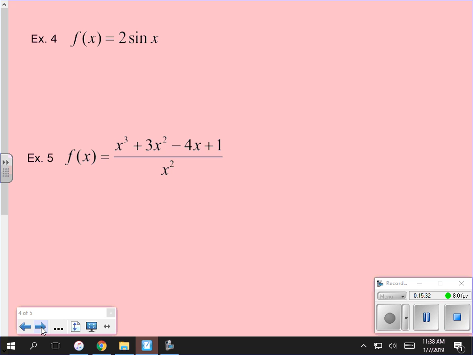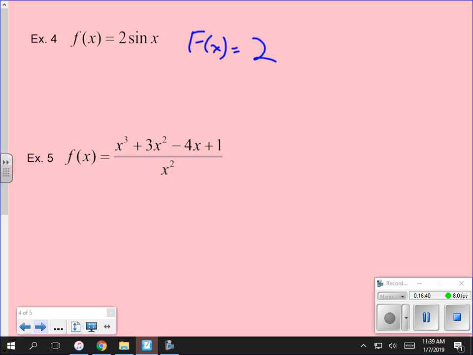F of x equals 2 sine x. Good. So I'm going to have 2, my constant, times, what is the antiderivative of the sine?